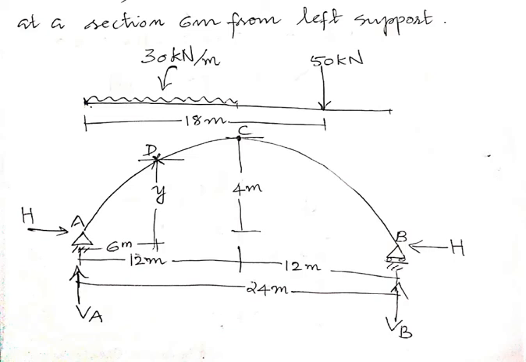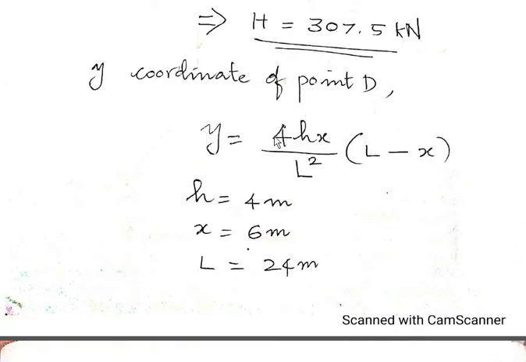We know the equation for y, we have already discussed. So y is equal to 4hx divided by L square into L minus x. So here we know that h is equal to 4 meter, the rise, the x coordinate of point D is 6, so x is equal to 6 and L, the span, is 24 meter.